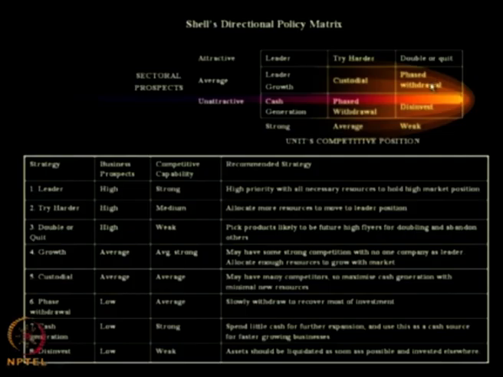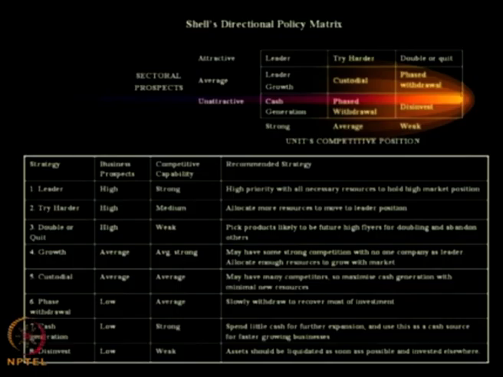This is the same when the unit's competitive position is average and the sectoral prospects are unattractive. This is the same strategy that is advocated. So, slowly withdraw to recover most of the investment, that is, salvage your investment to the extent that it is possible. So, just let it not go down the drain, that type of scenario.